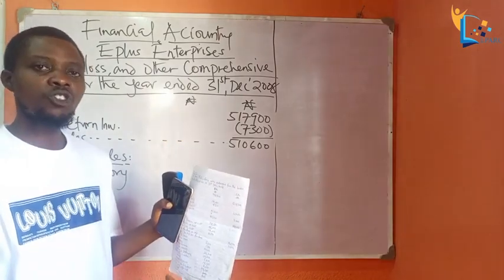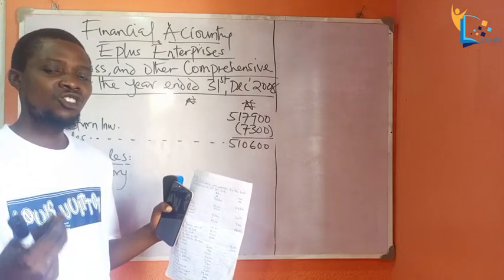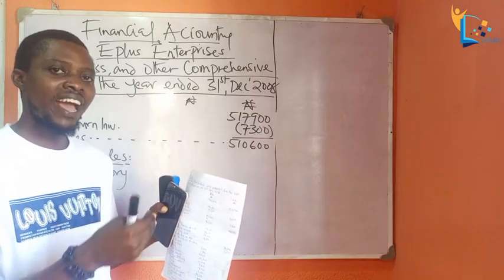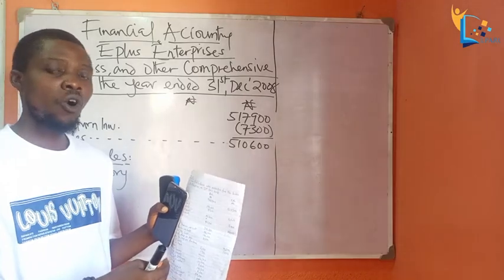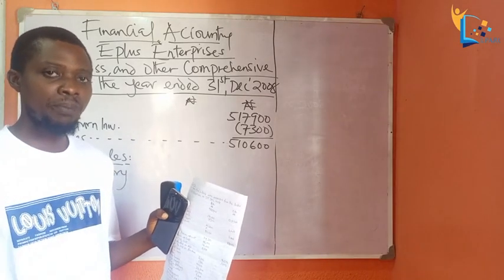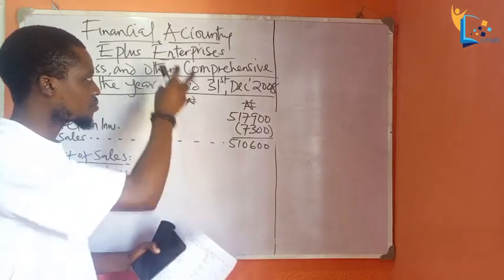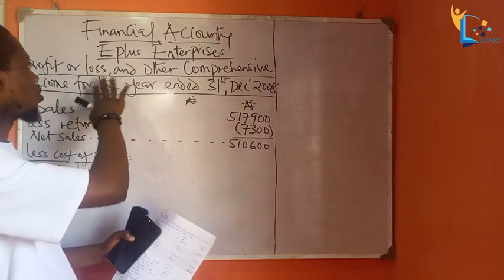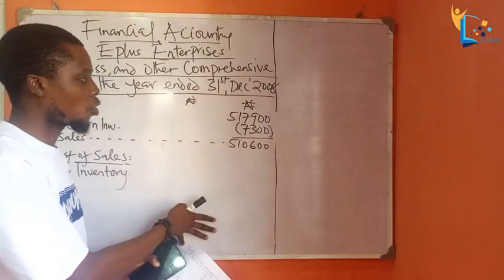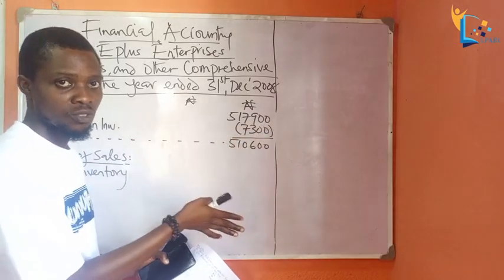They will appear twice in the books: either in the trading and profit or loss part, or in the comprehensive income and the statement of financial position.